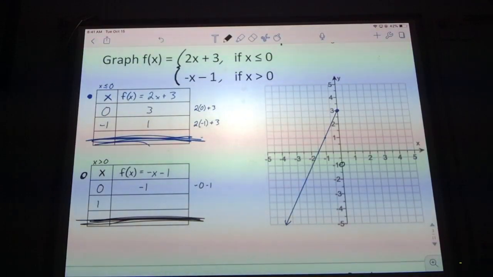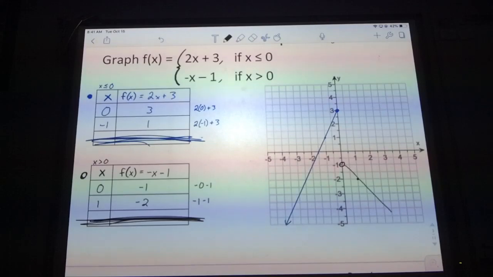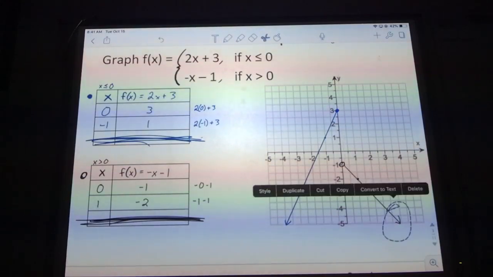And then plug in a 1. -1 minus 1. That's a -2. So over 1, down 2. There's my second point. Only our first point is open. This is just where the line is going to go through. So we're going to start at the first and go towards the second. That should be connected.